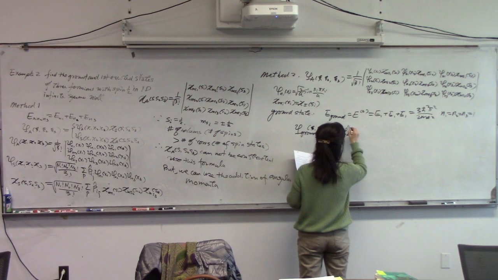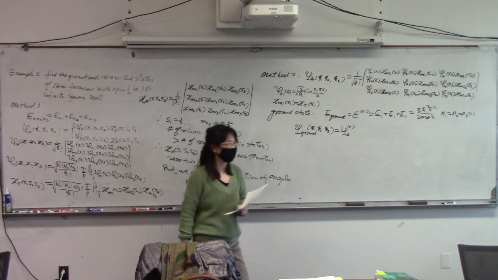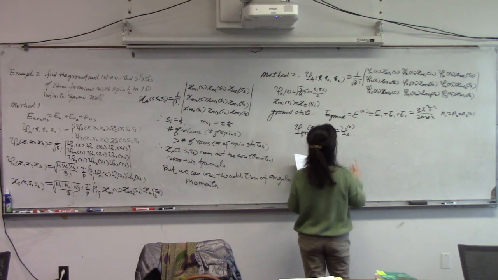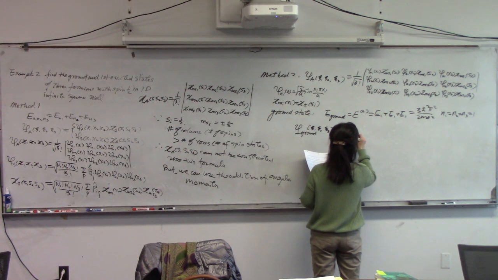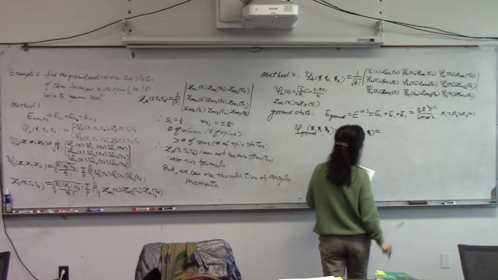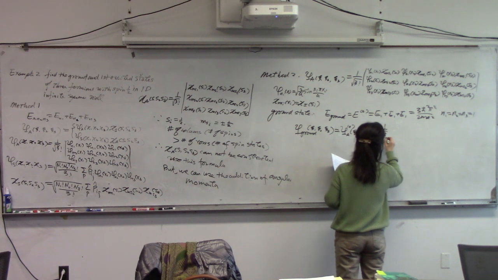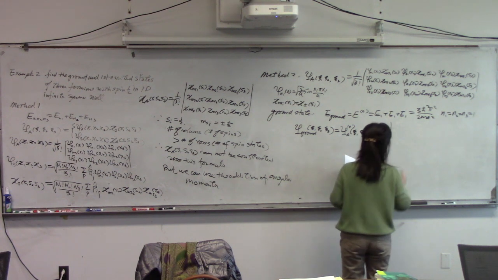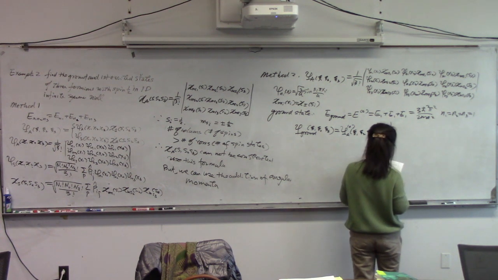I'm going to give the notation superscript 0 for the ground state, with a factor 1 over square root of 3 factorial. Now, do you think this is possible?